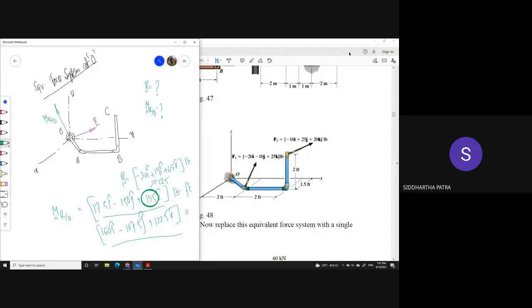I hope you are using the cross product, and not trying to get the normal distance and all. I mean the proper cross product of the exact points. For example, how much is RA? RA, I believe, is 2i plus 1.5j in feet.